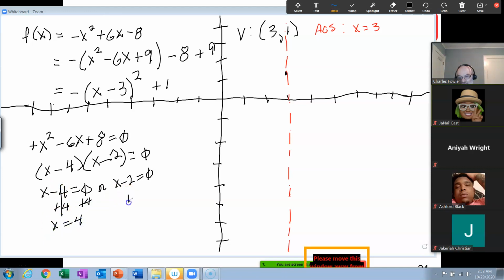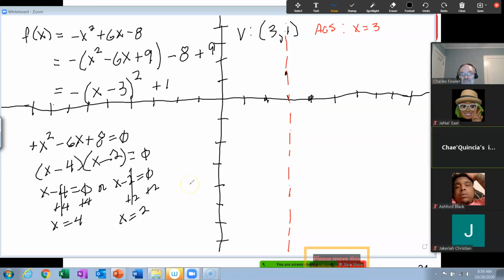If you add 2 to both sides here, you get x equals 2. There are your two x-intercepts, because your y was 0, f of x is 0, we set that equal to 0.